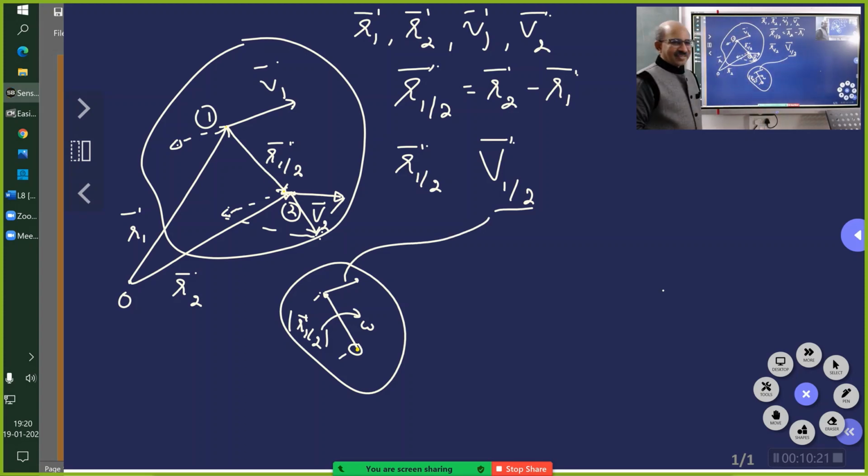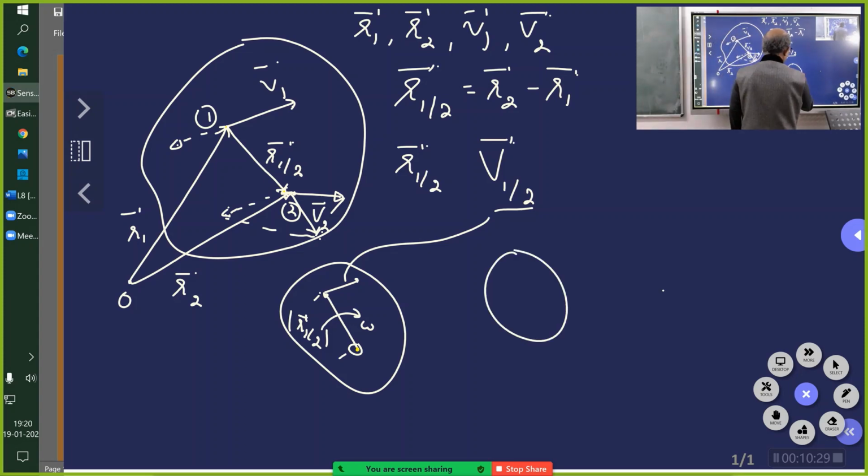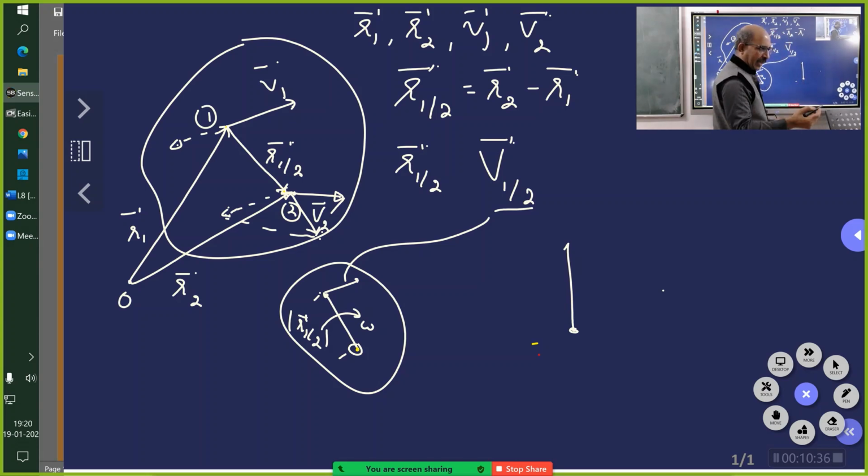This is the basics, no? Two particles. Listen, if I tell you that this is a line, which is momentarily, notionally at rest, and this one is another particle which is in motion, and this line is rotating with omega, then the velocity at this point must be perpendicular, no?